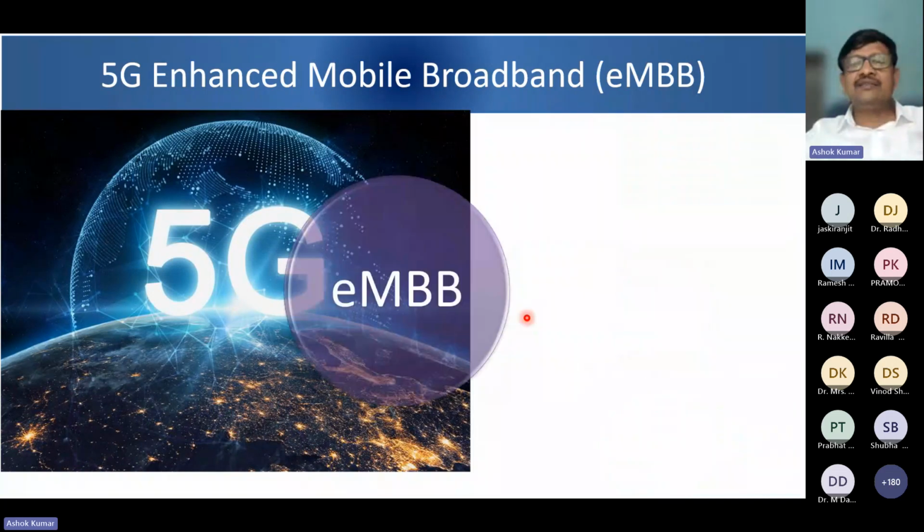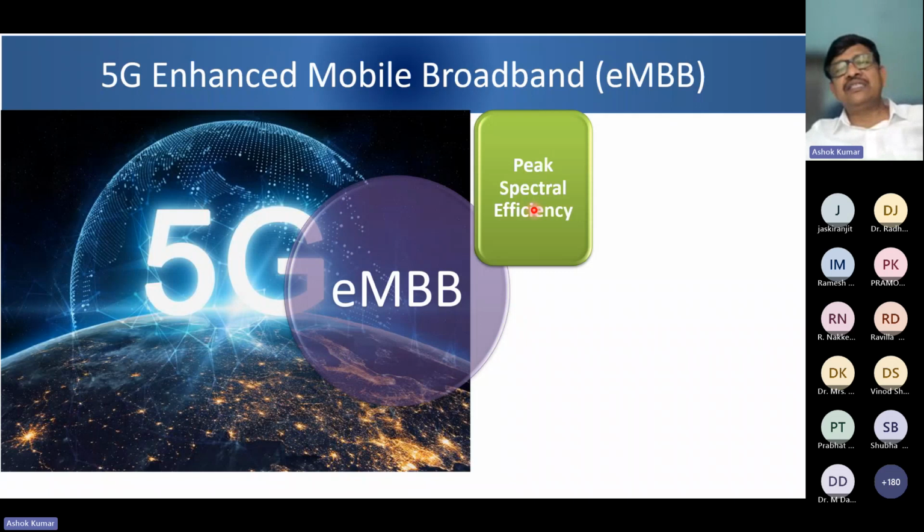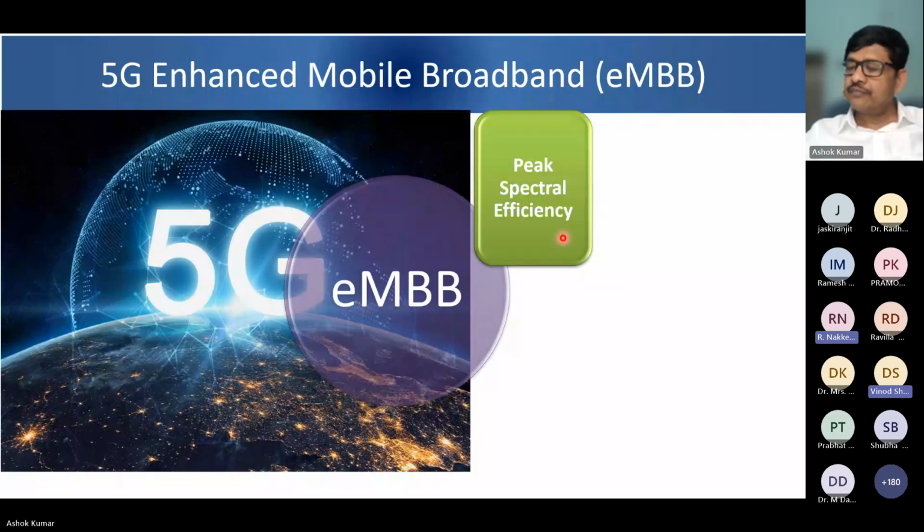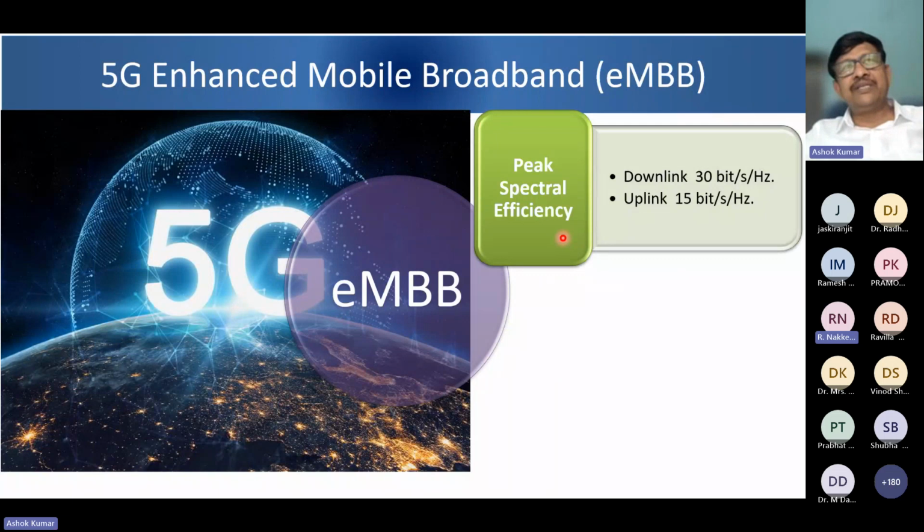Now the next requirement of eMBB is in terms of spectral efficiency, peak spectral efficiency. Do you know what is the spectral efficiency of 5G? Can you guess? It is 30 bit per second per hertz.